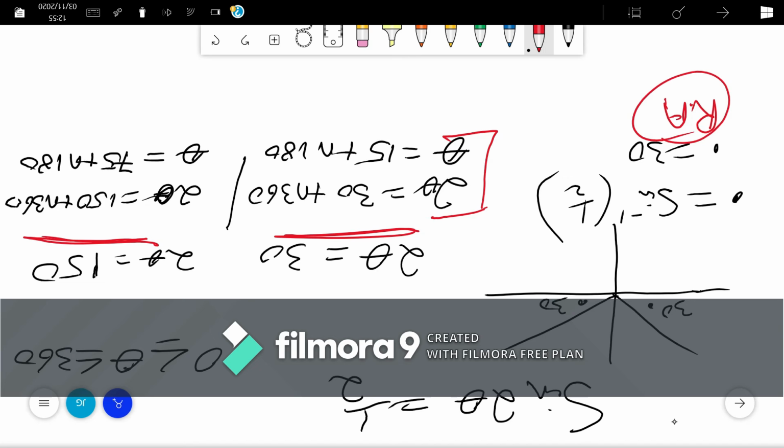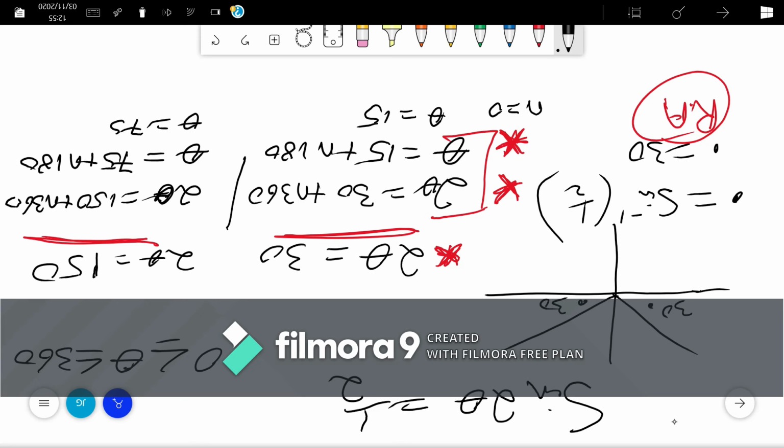Now we're not finished yet, believe it or not. What we do then is we let n equal 0, so that means theta is 15 or theta is 75. And then we let n equal 1, and if we do that, we get theta equals 195 or theta equals 255.